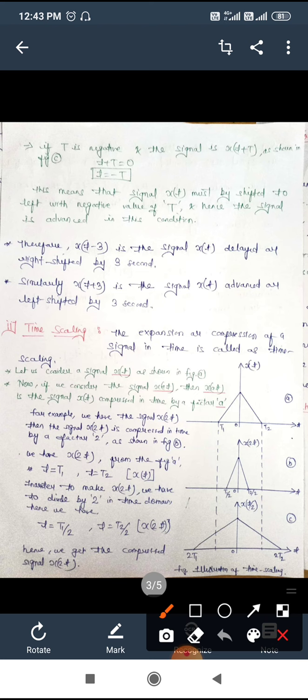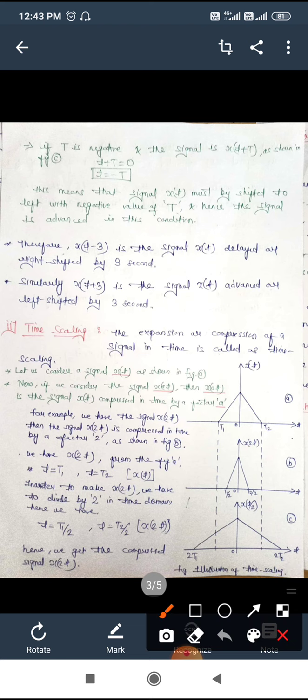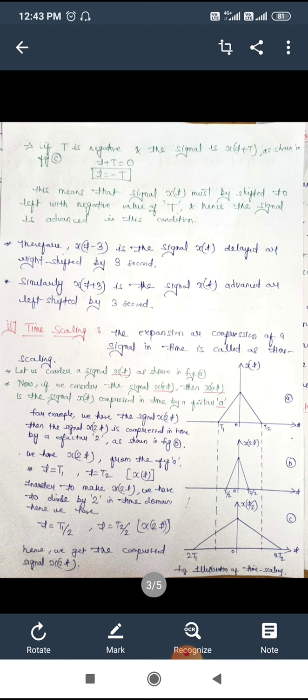So it must be shifted toward the right by the value 3. Similarly, x(t plus 3) is the signal x(t) advanced or left shifted by 3. That means if your expression is x(t plus 3), then you have to shift your diagram toward the left side by the value shown by capital T, which is 3. This is the explanation of time shifting.